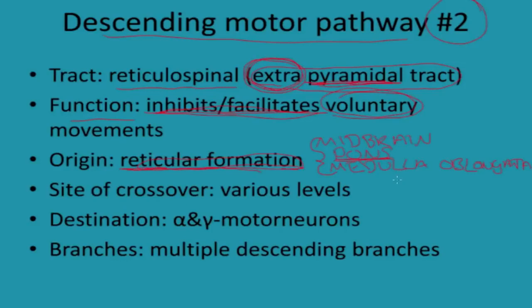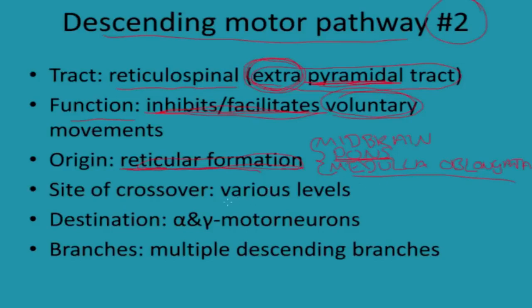The medulla gives off fibers forming the medullary reticulospinal tract, and these neurons descend in the lateral part of the spinal cord. These two tracts, the pontine and medullary, also carry fibers that stem from the deep cerebellar nuclei.